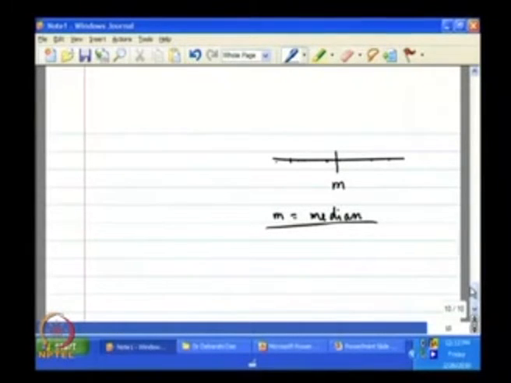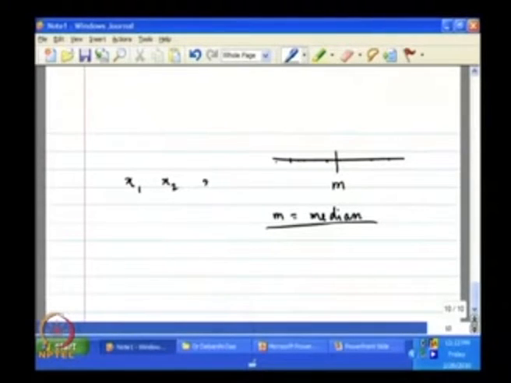Now let us talk about the candidates. What they are trying to do, very obviously, is win the election. Suppose there are n candidates, and they are going to announce positions, suppose x1, x2, x3, and their promise is that if they are elected to the office, they are going to implement these positions.